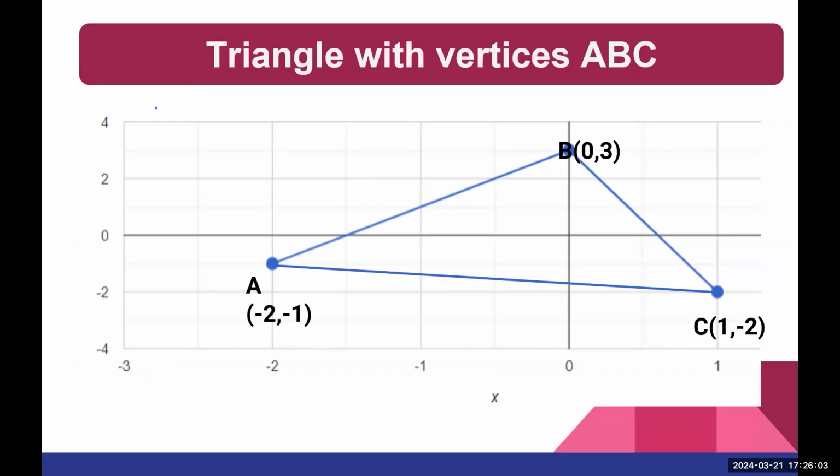Look at ABC, and tell me the x coordinates of A, B, C. Negative 2, 0, and 1. All right, so give me the y coordinates. Negative 1, 3, negative 2. Now, if we close this off, this right here is our vertex matrix, and it's that simple.